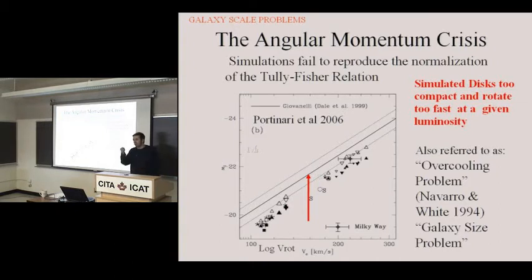You've got these compact nuggets that rotated typically too fast, and for a given luminosity, they were incredibly small. So they didn't fit nicely on things like the Tully-Fisher relation. You can describe this, depending on what you want to attribute it to, as a lack of angular momentum, or too much material becoming too centrally concentrated. It depends how you want to look at it. It's a symptom of one problem, which is that the galaxies are just too compact.